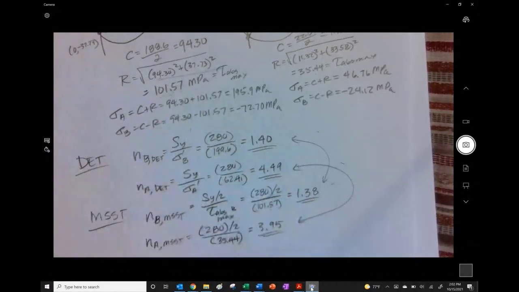Let me check these guys in here. 94.3 squared and 37.37 squared. Add them together, take the square root, and we get 101. Now I get 101.4, but that's just a little bit different. I don't know.